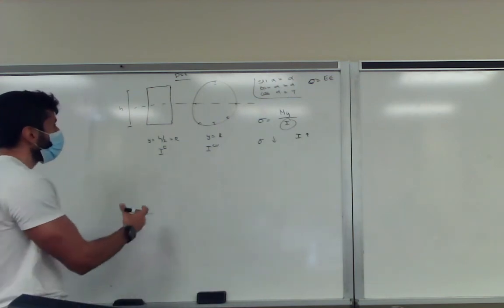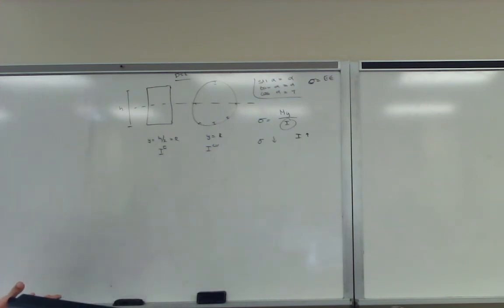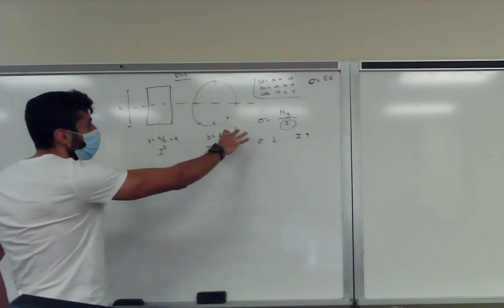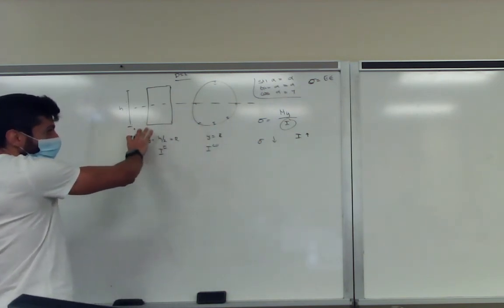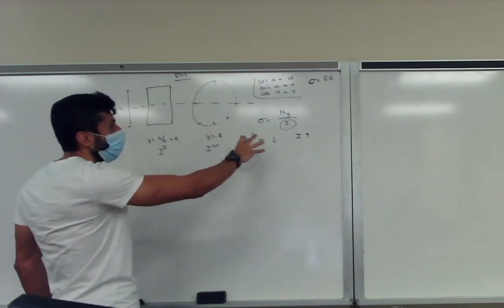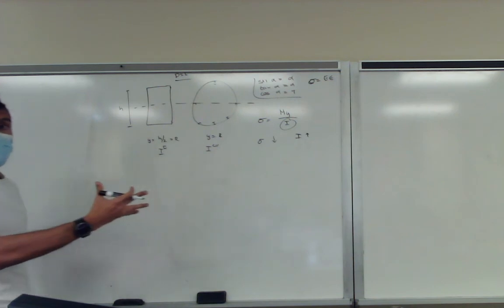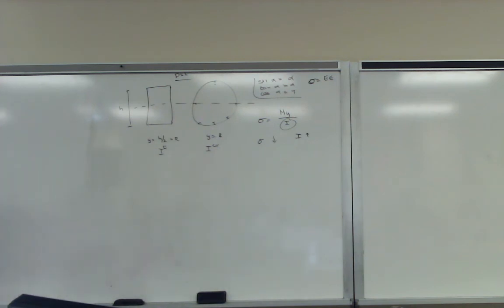And same thing for plates. If you want to decrease the stresses, we can either change the shape and get a higher moment of inertia. But if we are limited to our shape, then we have to increase our moment of inertia, and we can do that by adding more, say, Steiner terms to it, adding more stiffness to it.